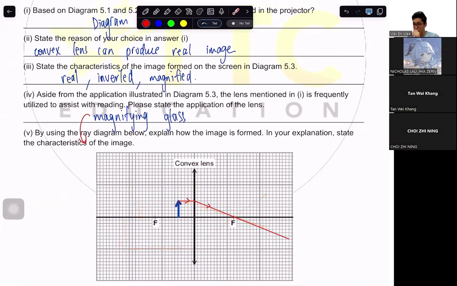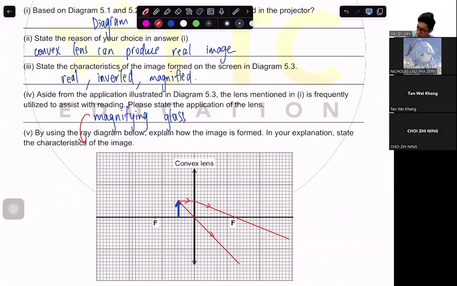Now, the second light ray that we know for sure is that anything passing through this middle point doesn't bend. Any light ray that passes through the middle point just goes straight like that. So now you have to find the intersection point between these two. It's not going to intersect here because it's getting further and further away, right?